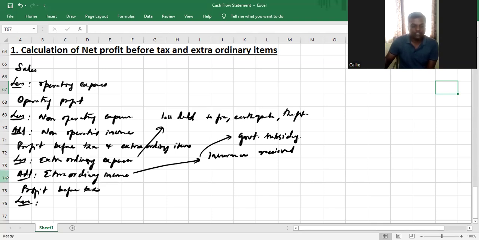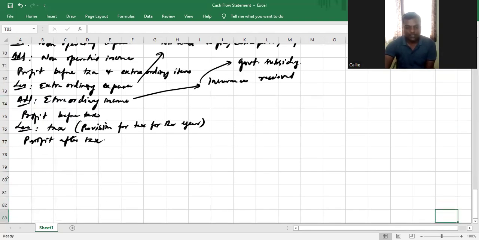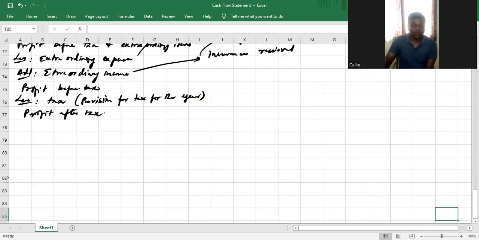From that, you reduce the tax, which is the provision created during the year, to arrive at profit after tax. Now, from profit after tax, what happens? You appropriate whatever amount you have decided to set aside as reserves.